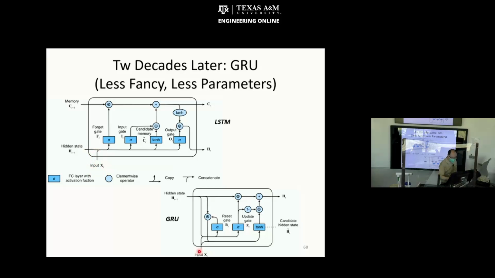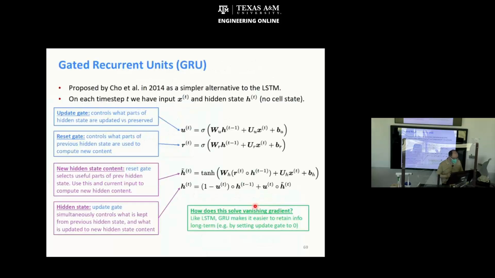That's what we have. We don't have this cell state anymore, and we only have 2 gates. One is to determine how much we reset from the previous, and how much we update for the current. So the new hidden state content is here.